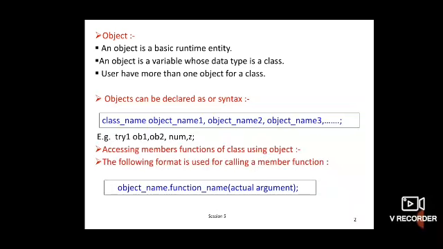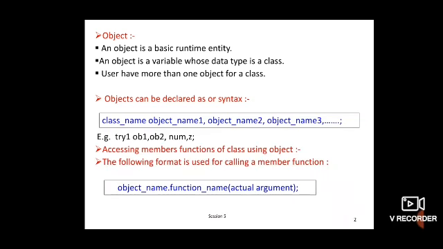Understood? To declare an object: class name, space, object name 1, object name 2, object name 3, finally a semicolon. To invoke the member function through an object: object name, dot, function name, in brackets the actual argument.